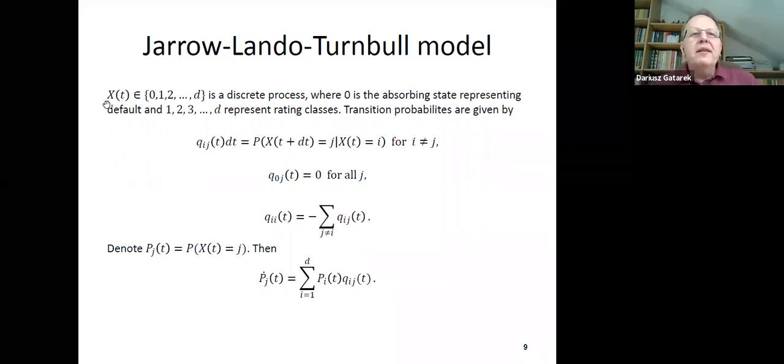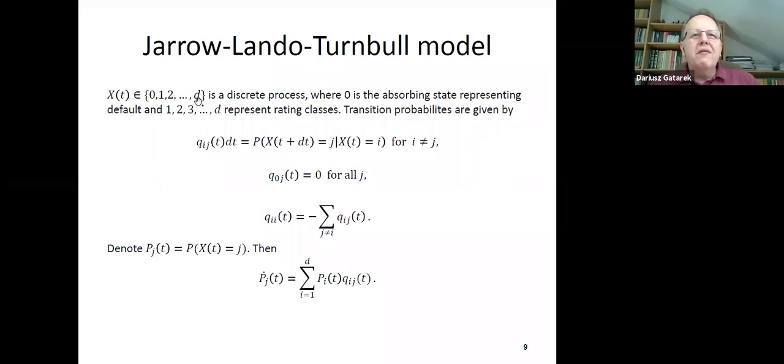So the state space consists of d+1 numbers. 0 is the absorbing state, representing default, and 1, 2, 3 up to d represent rating classes. So you know about ratings.